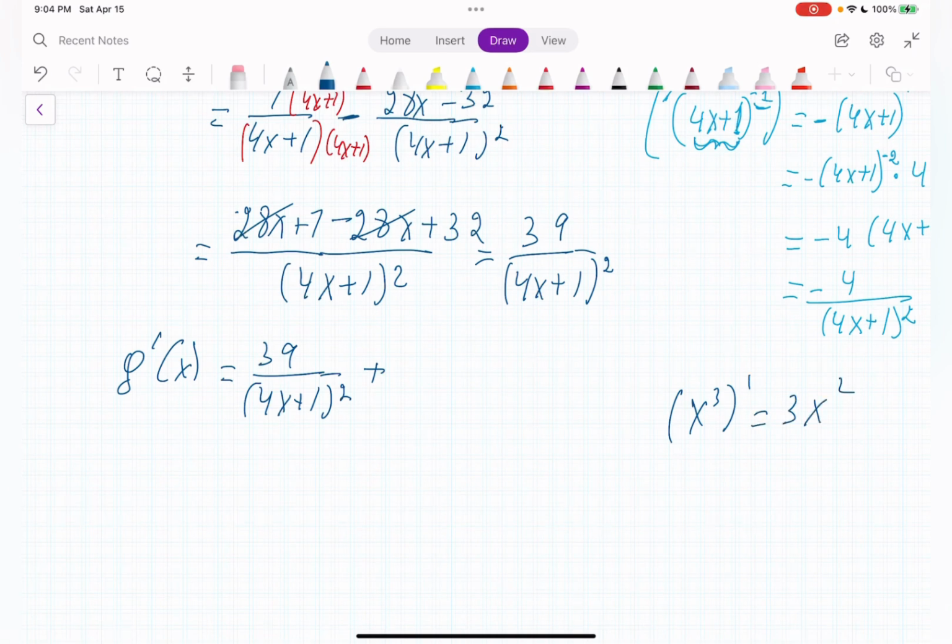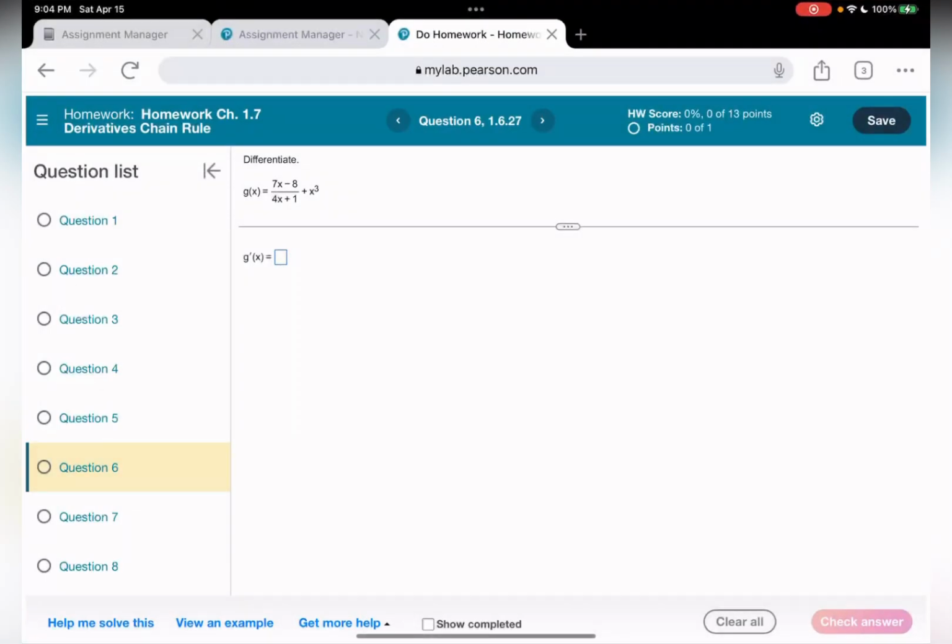So we put plus 3x squared, and this is going to be our answer. It's kind of long, I understand, but it is what it is. All right, so let's write down the answer and check.